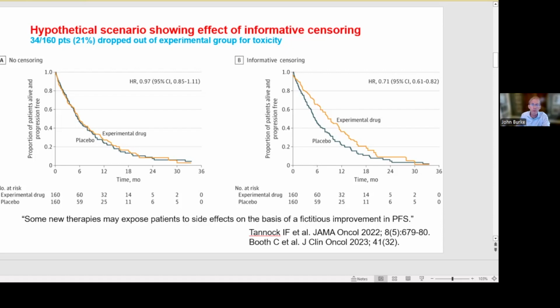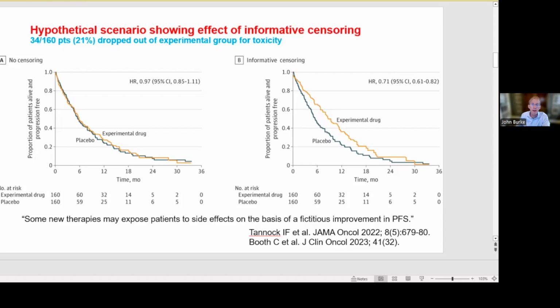So move over to the panel on the right. All they changed in this fake model in these curves was the drop-off rate, where the experimental drug increases toxicities, and so patients dropped off of the trial at a higher rate than those on the placebo arm.